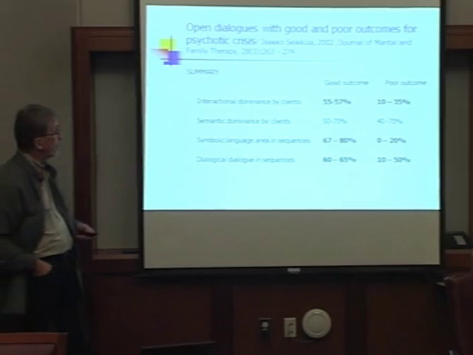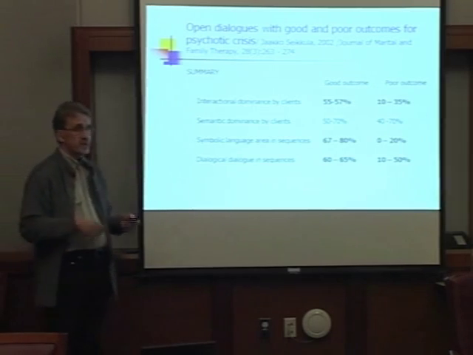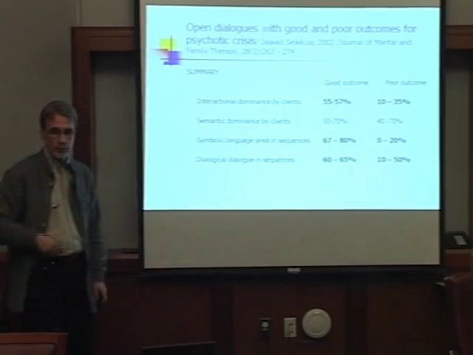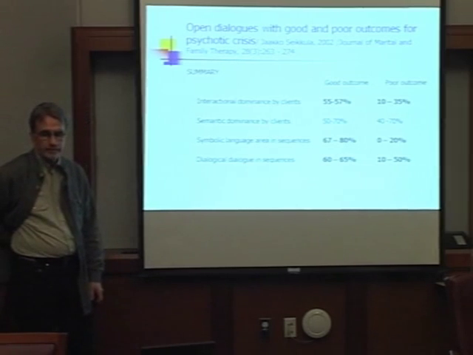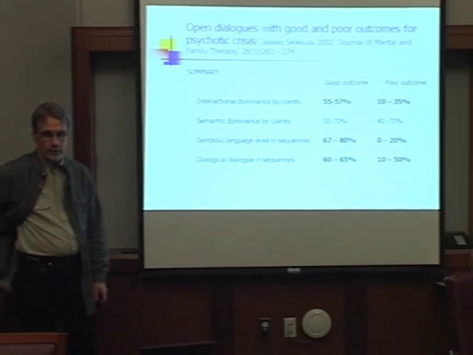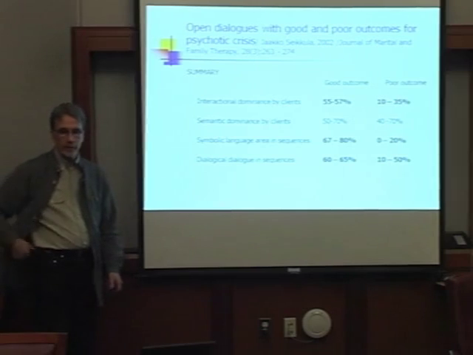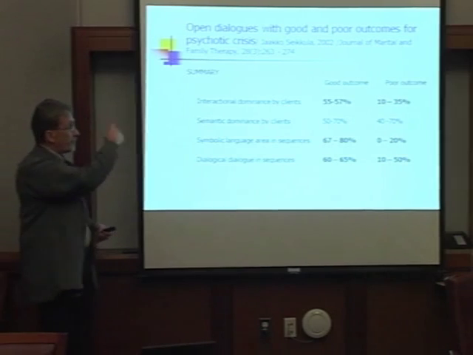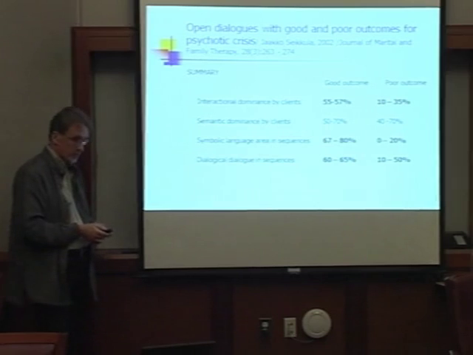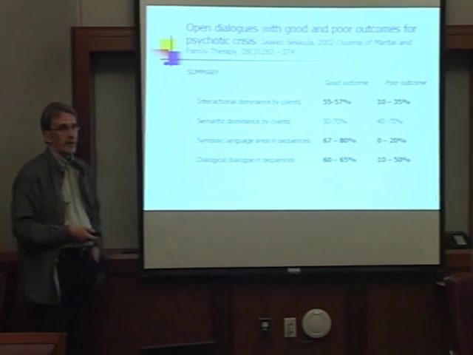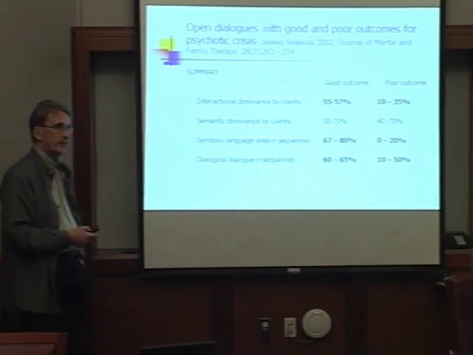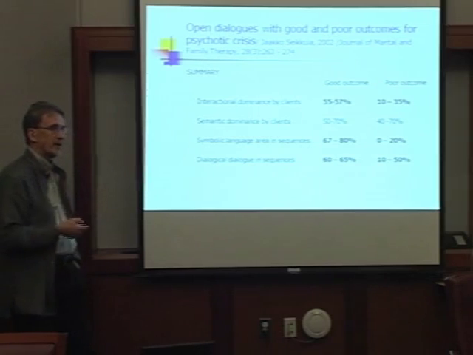This, I hope you can see it, is only a conclusion of the open dialogues with good and poor outcomes for psychotic crisis. A general frame, a summary, which already gives some interesting information on the differences between the dialogues that led to good outcome compared to dialogues that led to poor outcome.